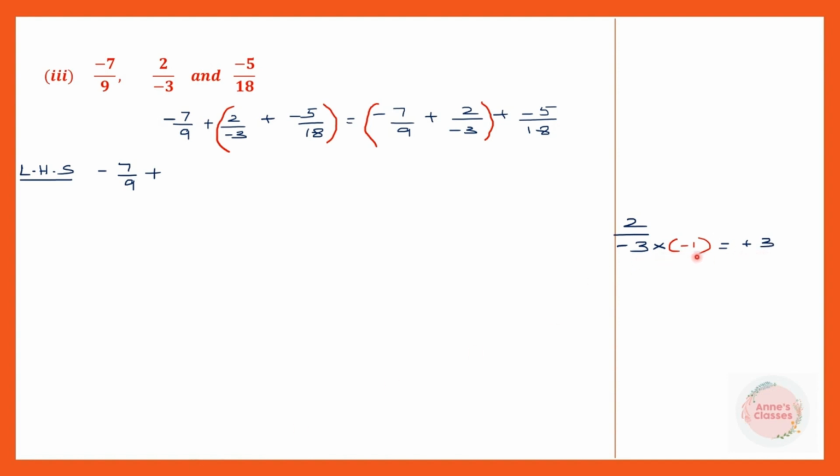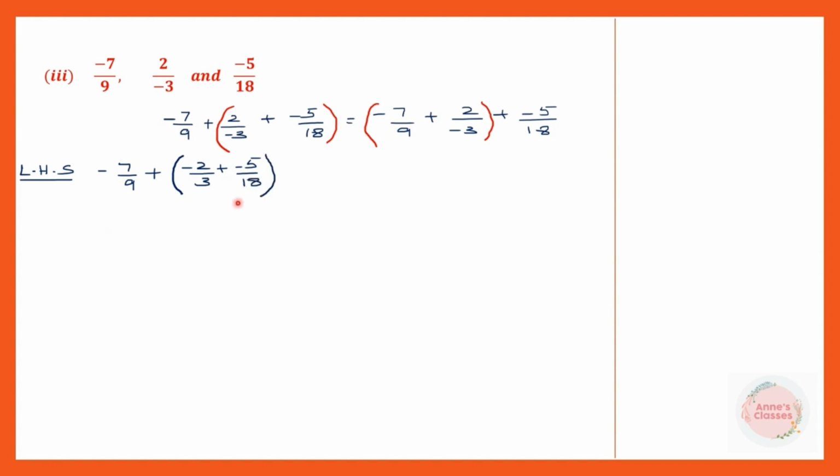So when you multiply this with a minus 1, you have to multiply the numerator also with minus 1. So we write into minus 1 here. So here when you multiply 2 into minus 1, you get minus 2. So this is how we move the negative sign from the denominator here to the numerator. So you have to remember this. This is how it is actually done. So now let's straight away write that here. We don't have to work out all this each time. So that will be minus 2 by 3 plus the other side it's already minus 5 by 18.